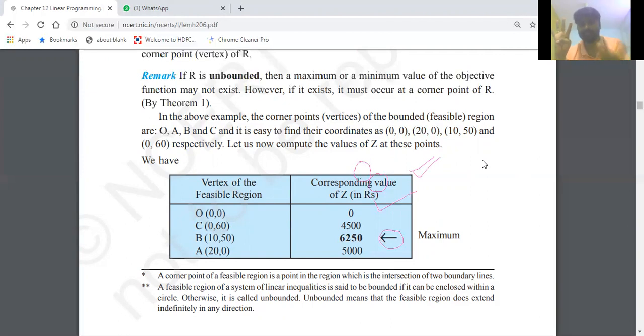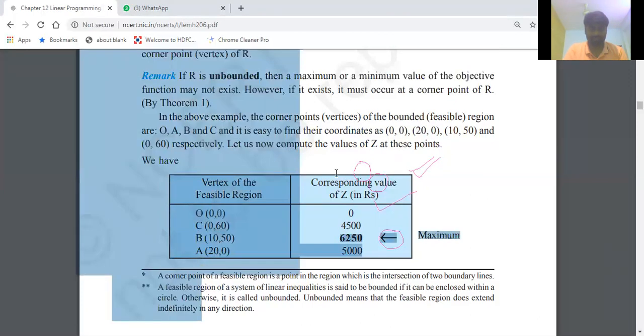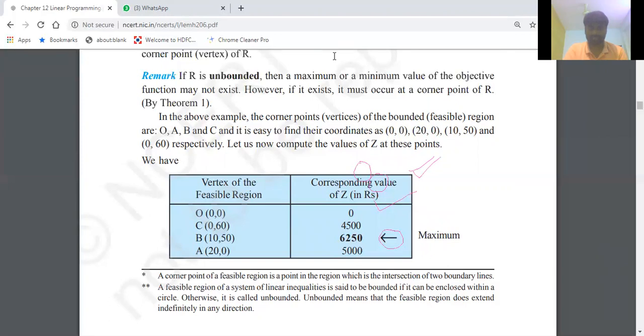Already we got the solution. Wherever the objective function gives the maximum value, those numbers of items are the answer. What is the answer here? See, (10, 50). So (10, 50) is the answer here. At (10, 50) only he got the maximum value.